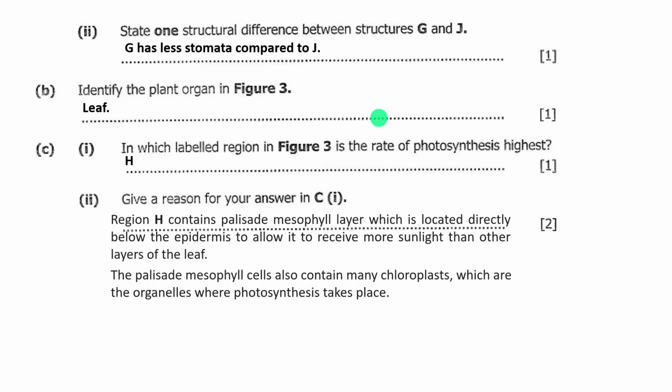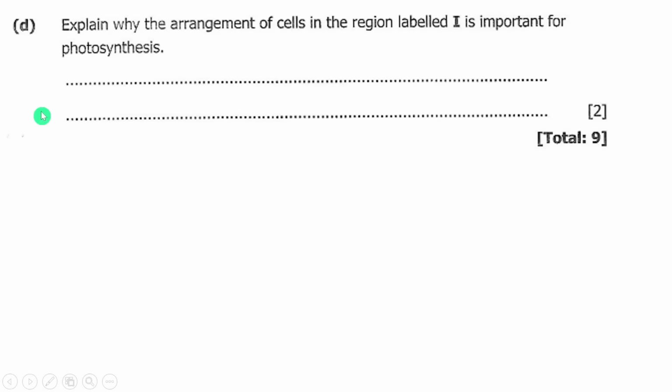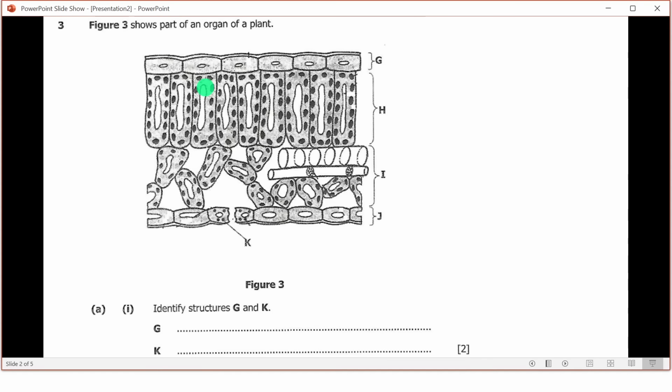All right, so let's proceed. Then we come to the next question here, D, which says explain why the arrangement of cells in the region labeled I is important for photosynthesis. So we need to explain why the arrangement of cells in this region I is important for photosynthesis.